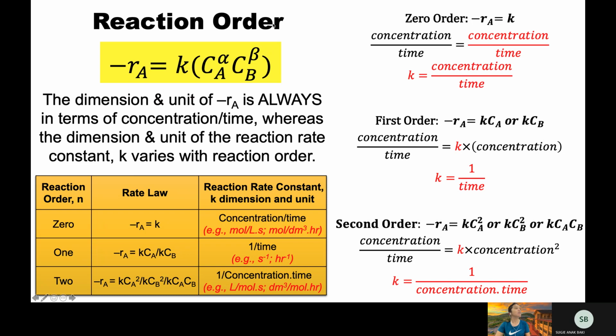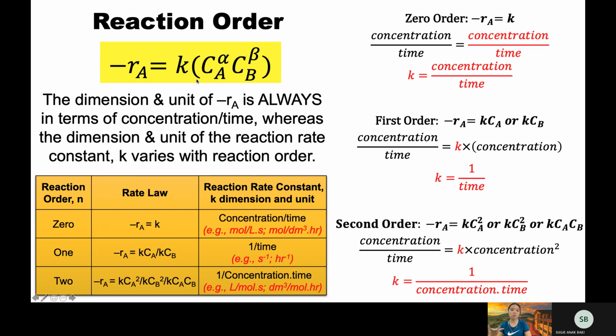However, on the right hand side, the reaction order can change. Alpha and beta, as I told you, can be zero order, first order, second order. Because the reaction order can change according to the reaction, the unit of K will also change.